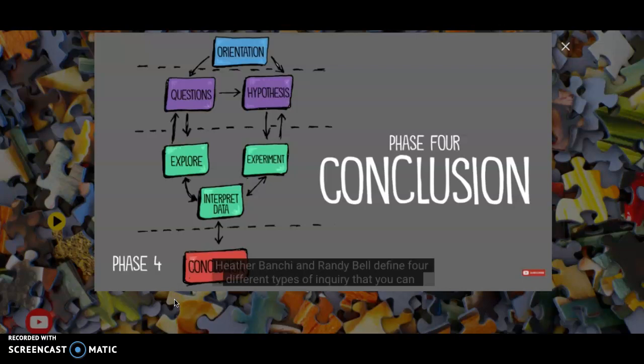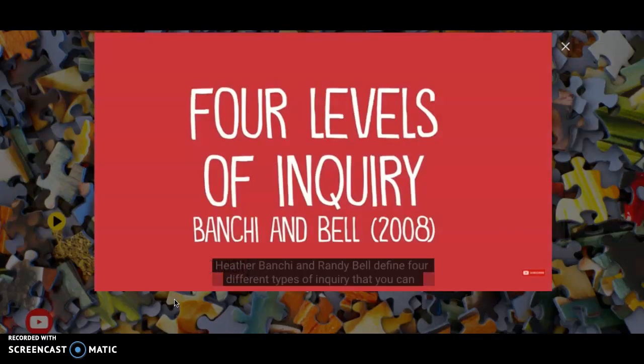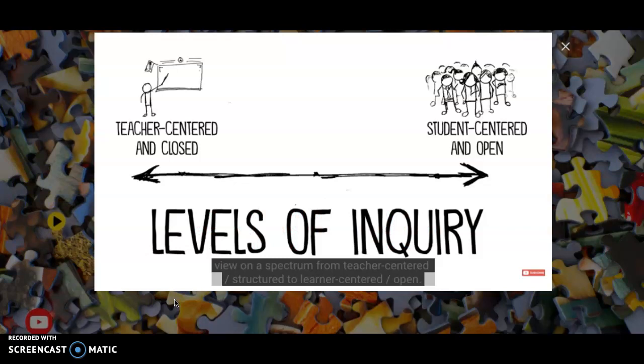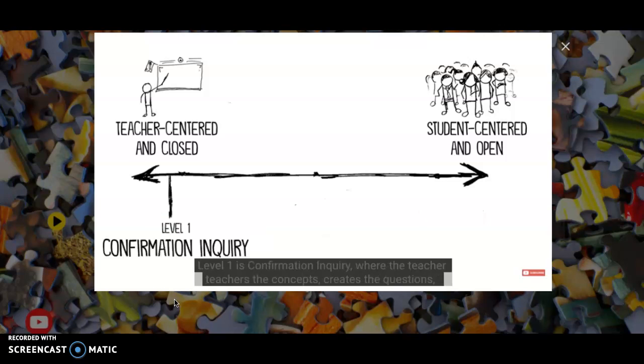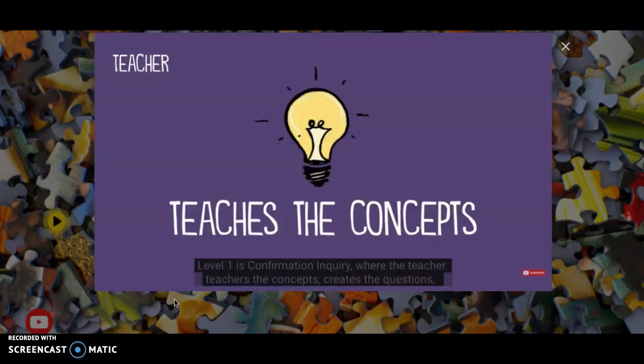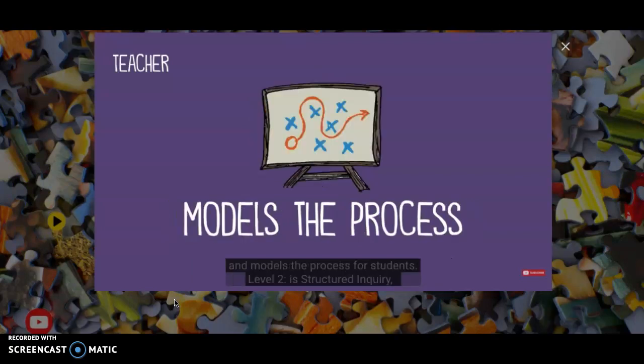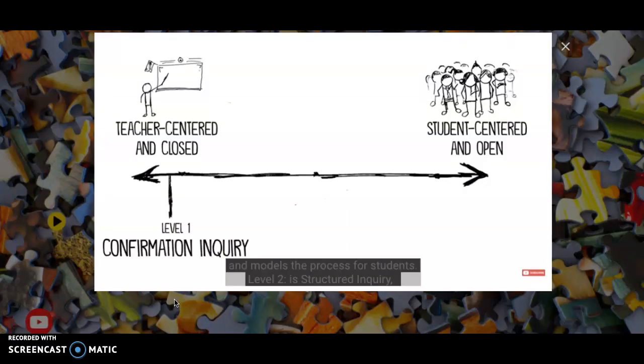Heather Banshee and Randy Bell defined 4 different types of inquiry that you can view on sort of a spectrum from teacher-centered and structured into learner-centered and open. Level 1 is confirmation inquiry, where the teacher teaches the concepts, creates the questions, and models the process for students. They basically just go along with it to learn about the process.